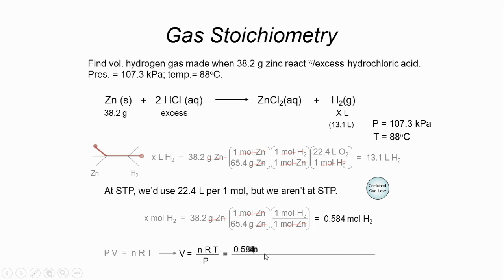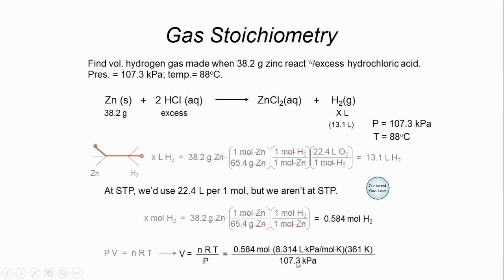So the number of moles I just calculated, 0.584 moles of hydrogen. I chose my value of R in kilopascals because the pressure was in kilopascals. And I also added to my 88 Celsius 273 to get that into Kelvin temperature.